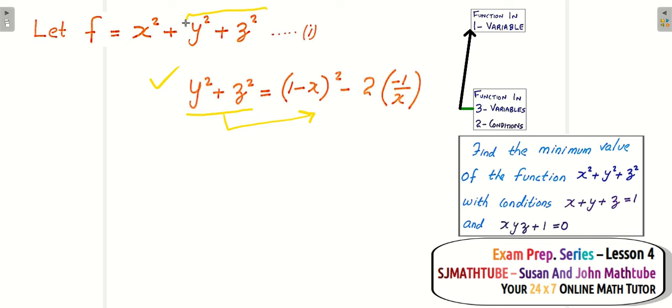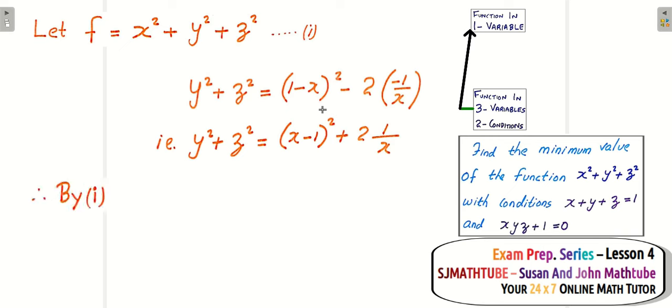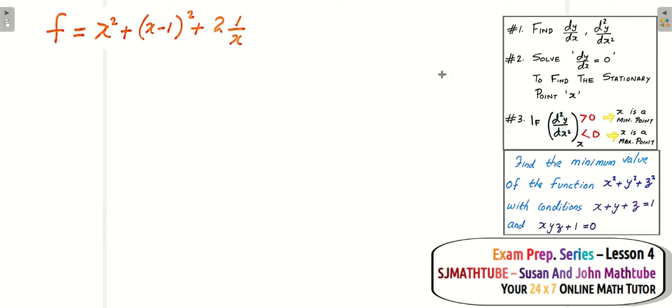Now let's replace this part with this quantity. Okay, so like I promised you, a function in 3 variables plus 2 conditions can be reduced into a function in 1 variable. Now all you need is the knowledge you had from class 11 and 12.